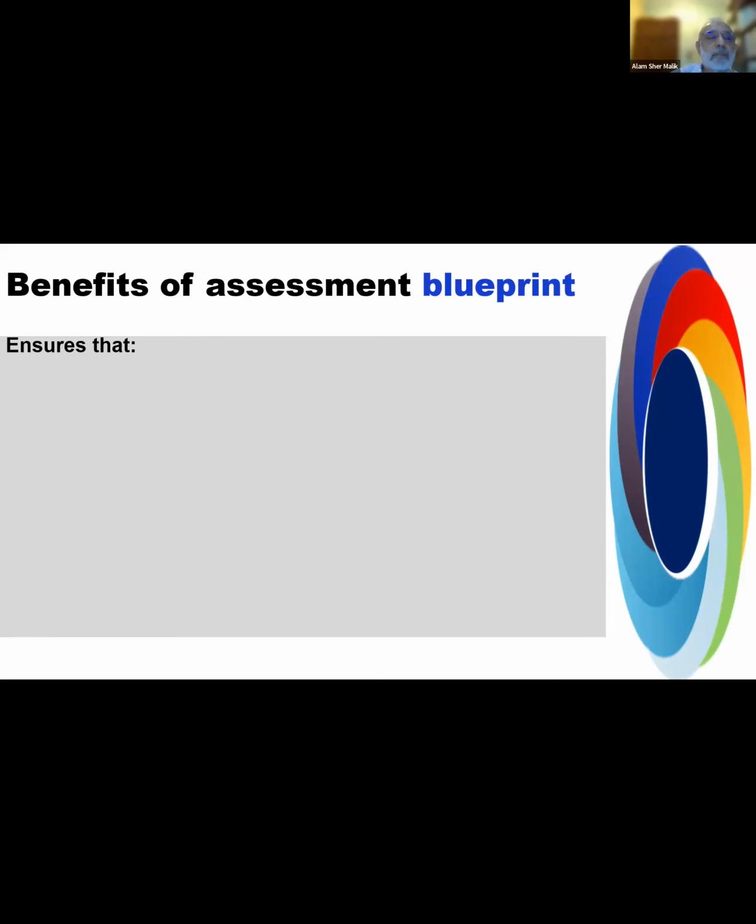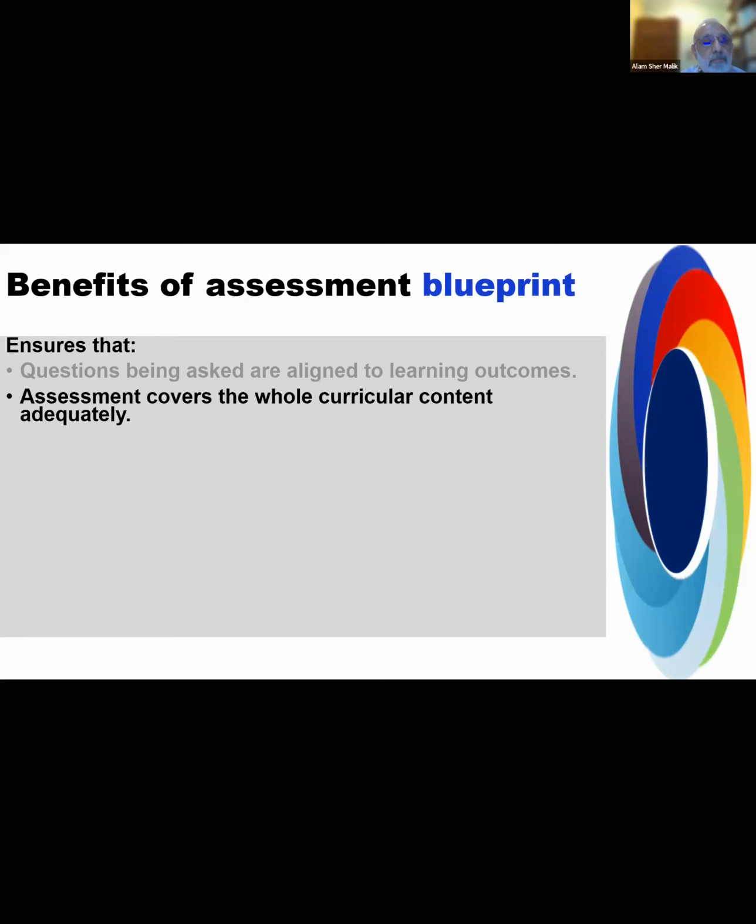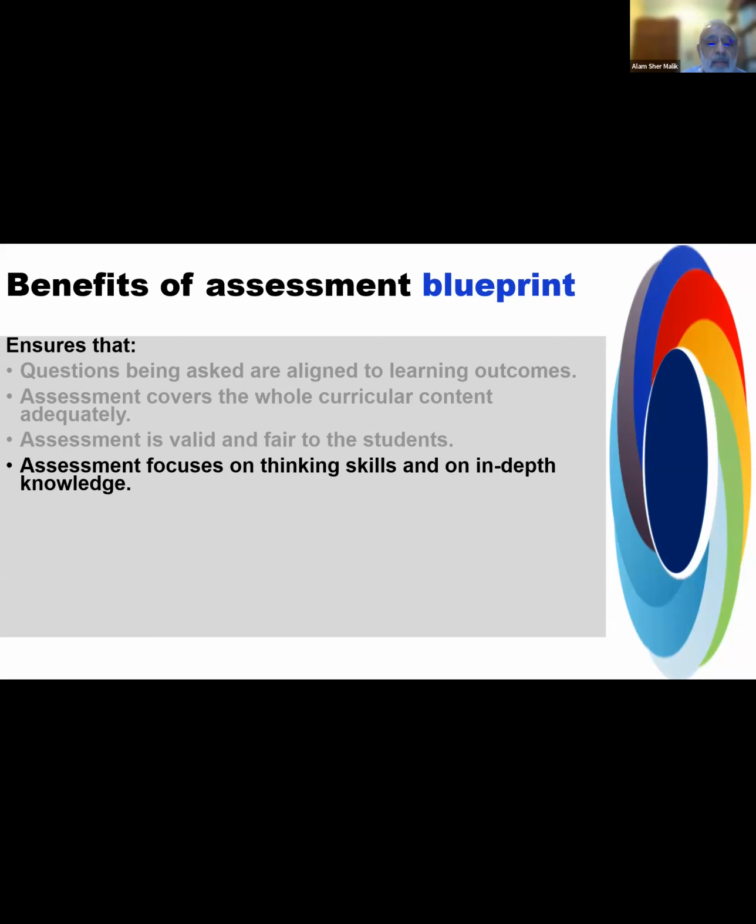Right. Now, the benefits of assessment blueprint: questions being asked are aligned to learning outcomes. Assessment covers the whole curricular content adequately. Assessment is valid and fair to the students. And assessment focuses on thinking skills and on depth of knowledge.